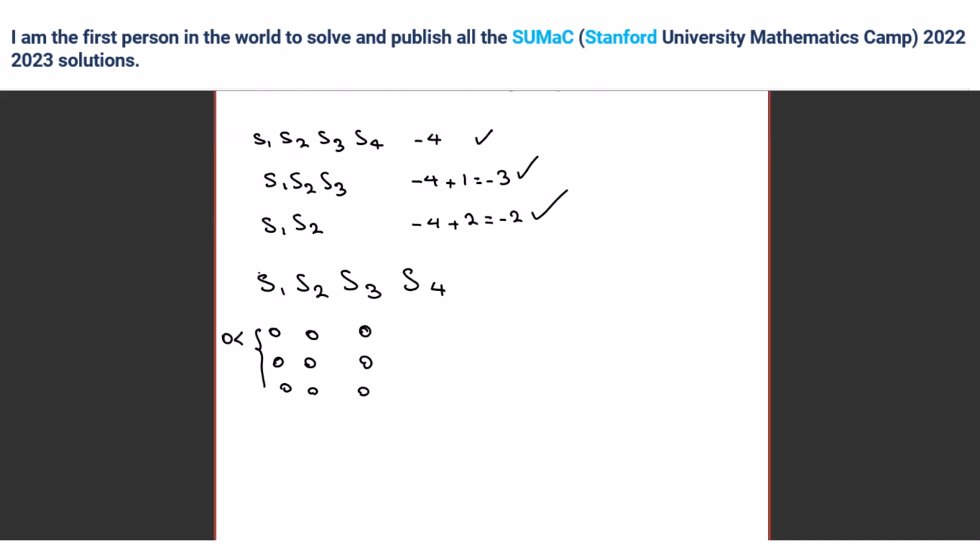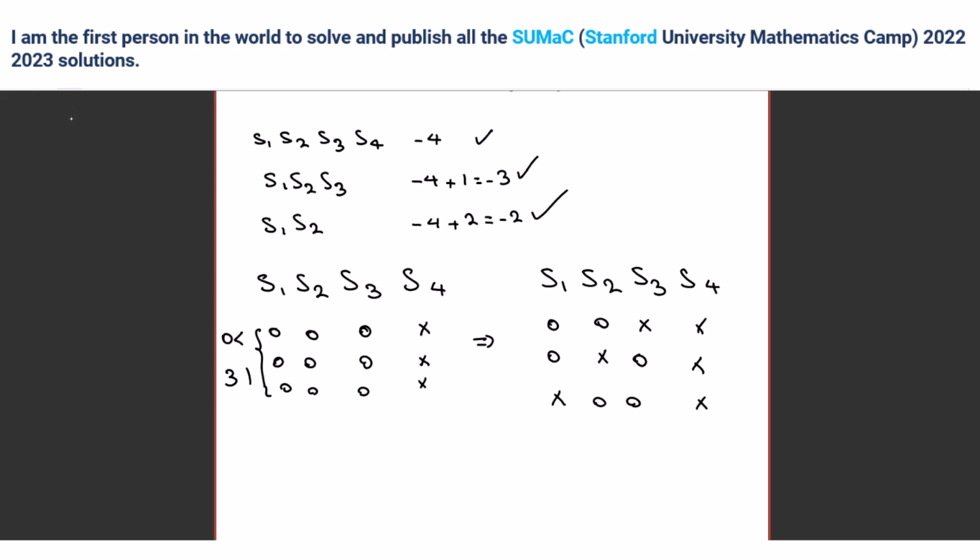So now, do you agree we can say S1, S2, S3 is the positive number of elements that are in exactly these? Agreed? And what divides these elements? 3. Then you change it to what? S1, S2. You remove 3 of them, and then you change it to this one, this one.